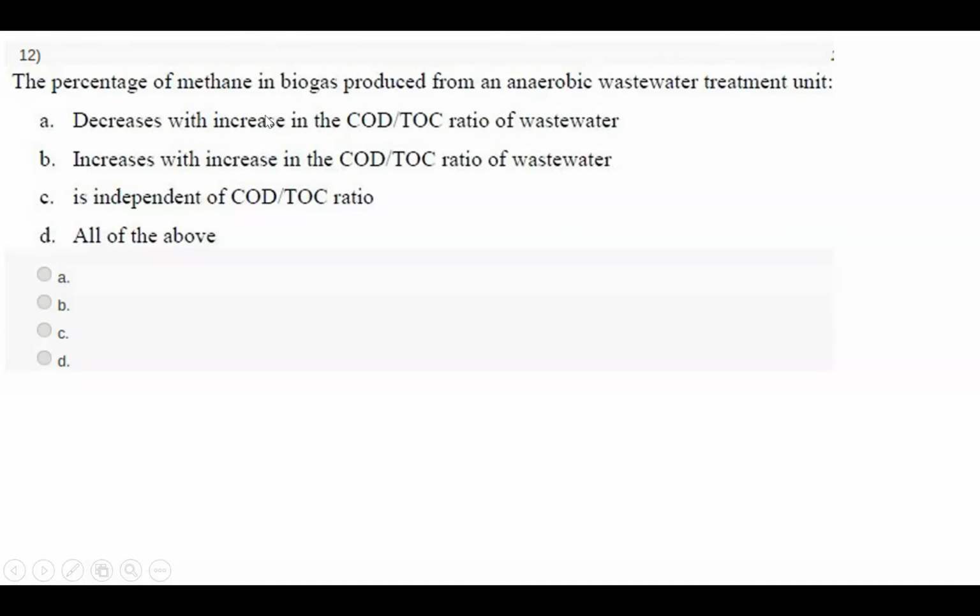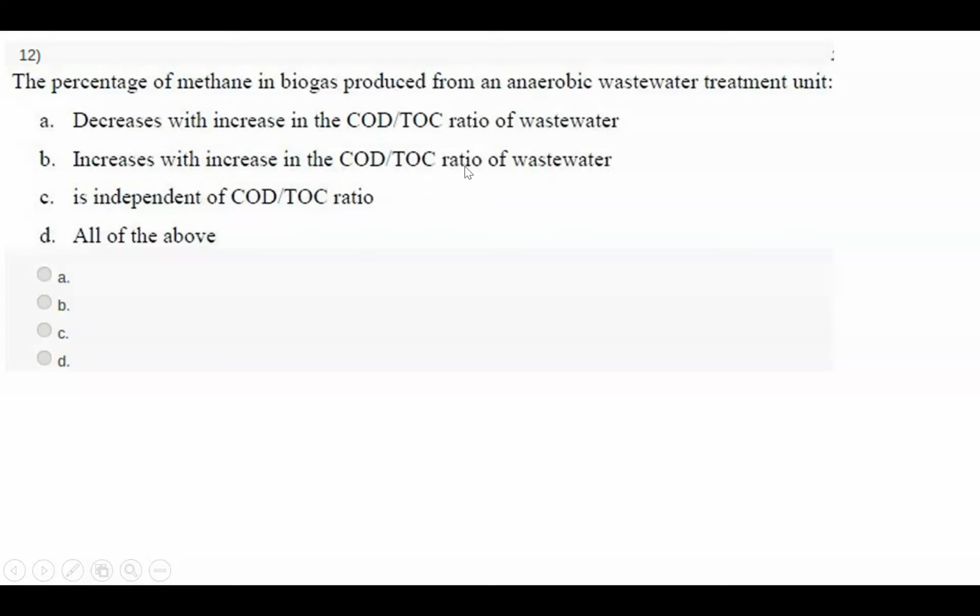For the percentage of methane in biogas, we need a higher percentage. Increasing COD by TOC ratio means we are reducing the TOC, total organic carbon.